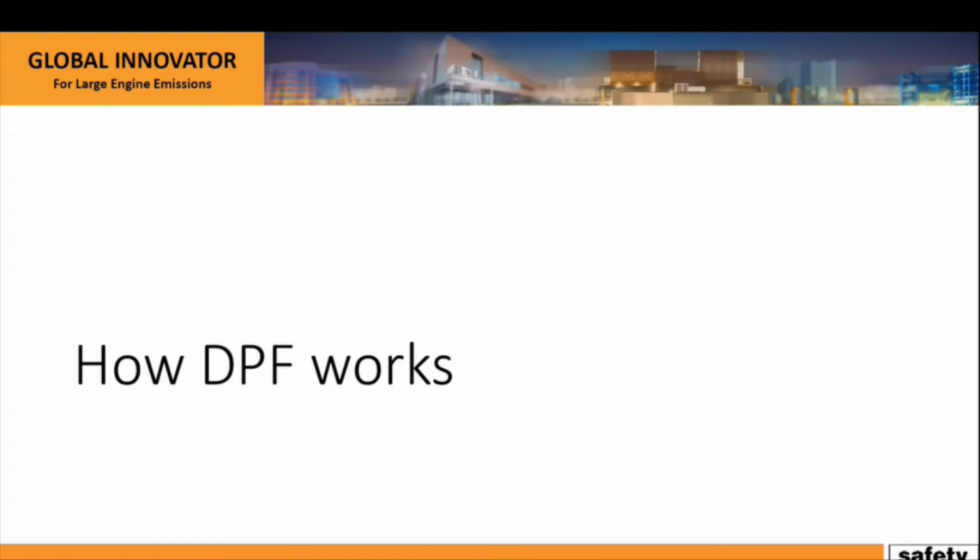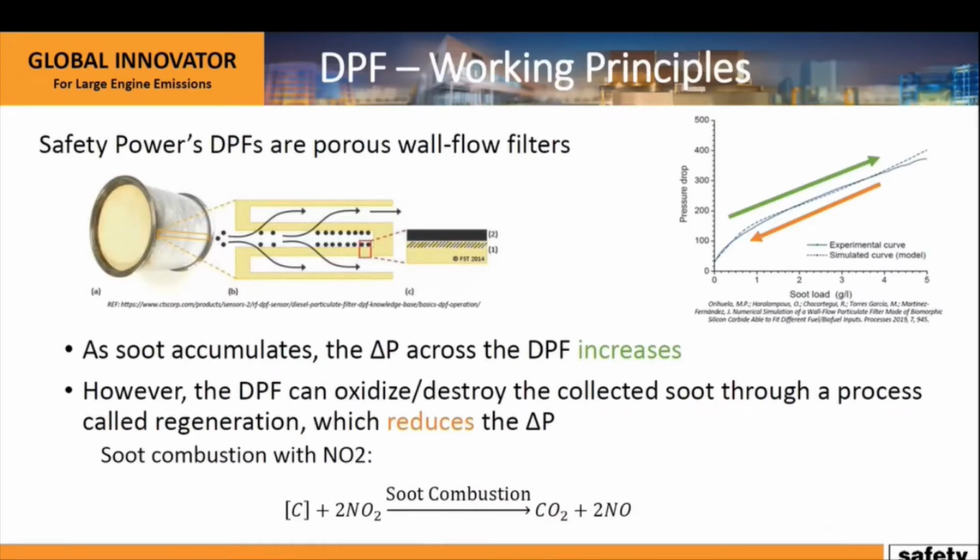So now I'm going to quickly get into what a DPF is, or diesel particulate filter, and why they're important to consider for PM. Safety Power, as Jacob mentioned, our EcoCube product is able to come with DPFs. And this is basically a filter. So you can imagine the exhaust flow comes in from the left.